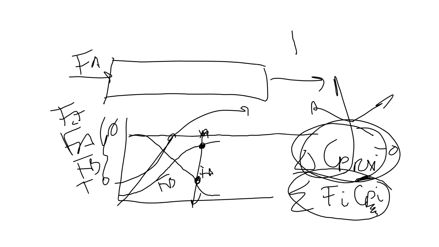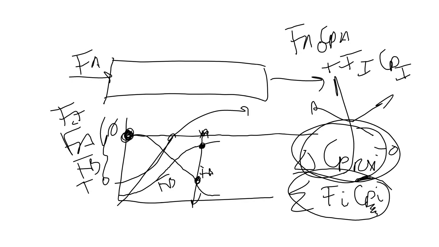Or I can calculate FA naught Cpa plus Fi naught times Cpi. So I can just consider the inlet values of each. No assumption necessary, sorry. If this is true, these answers must give you exactly the same value.